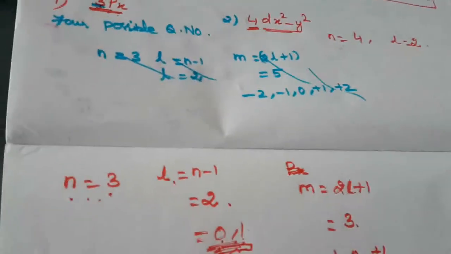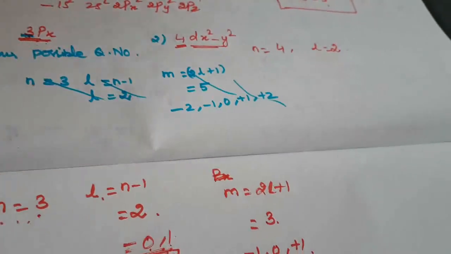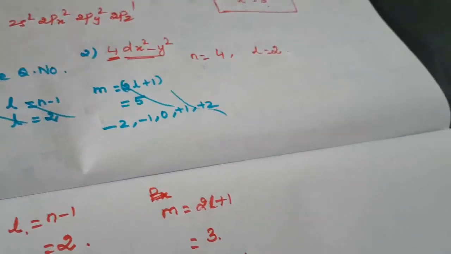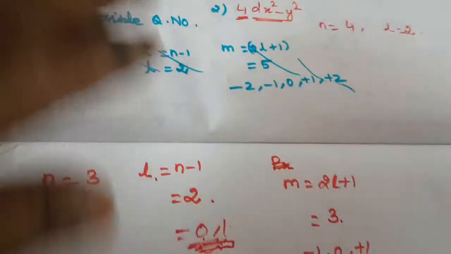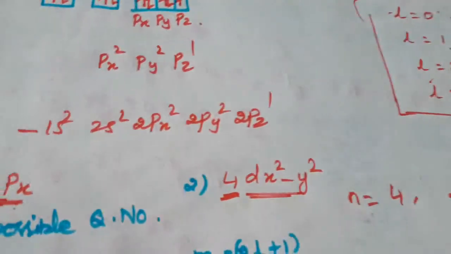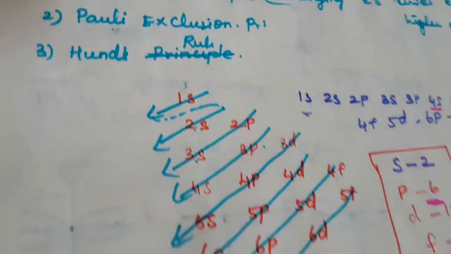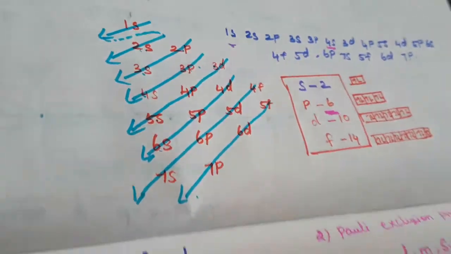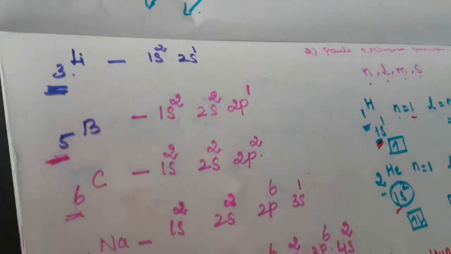From this you can easily understand how to write the electronic configuration using the 3 principles: Aufbau principle, Hund's rule and Pauli exclusion principle. Those are the 3 principles for writing the electronic configuration. Using this concept you can write the electronic configuration for any other number.